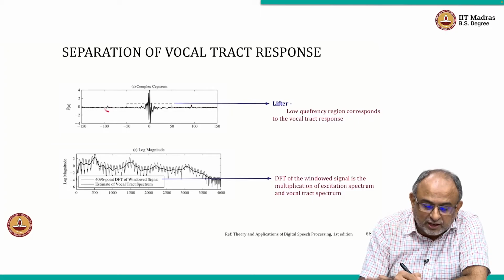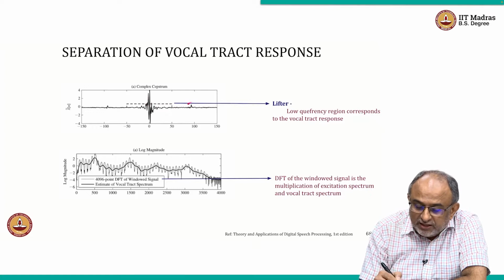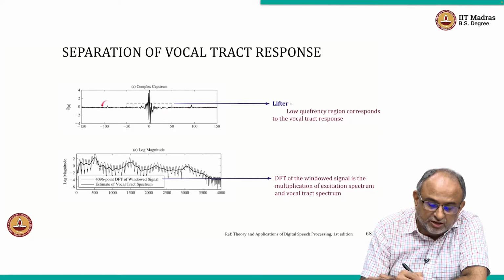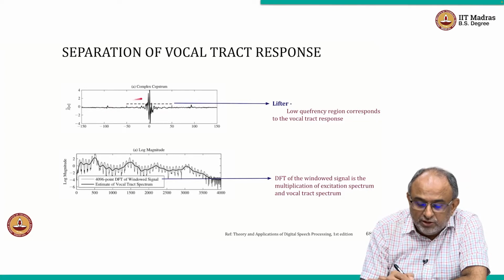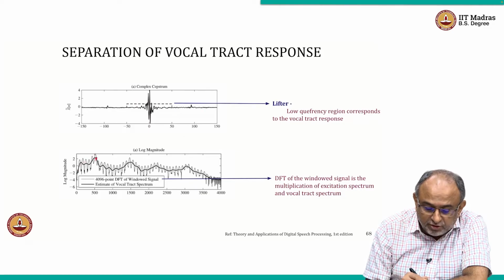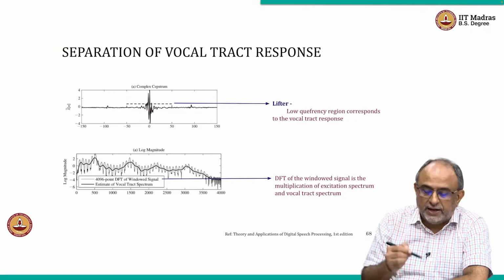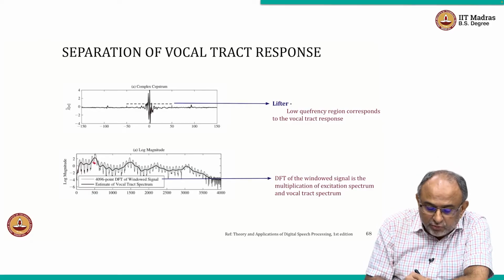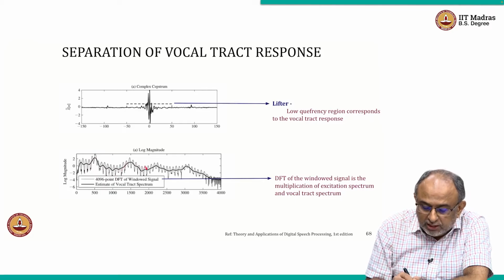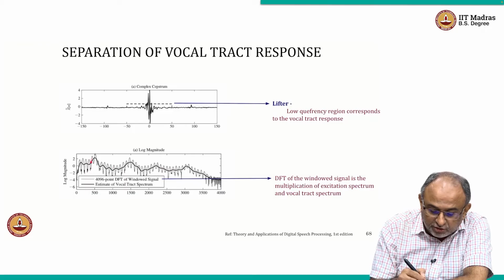You cannot see it very clearly, but this is actually the vocal tract response, and these are what we call the excitation responses, okay. So I use a lifter here, and if I do this, then in the frequency domain, if I only take this part and come back into the frequency domain, you will see the original signal was rapidly varying. That is the original log of S of omega. So that wavy curve that you saw here, right?